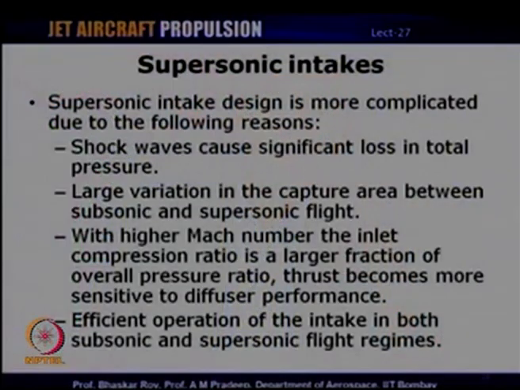So, the thrust developed will become a strong function of the intake performance. And the last important aspect is that efficient operation of these intakes in both subsonic and supersonic flight regimes is obviously a very significant task.